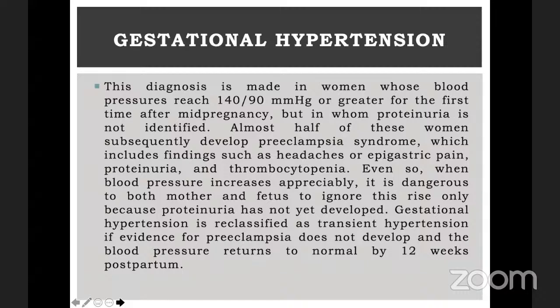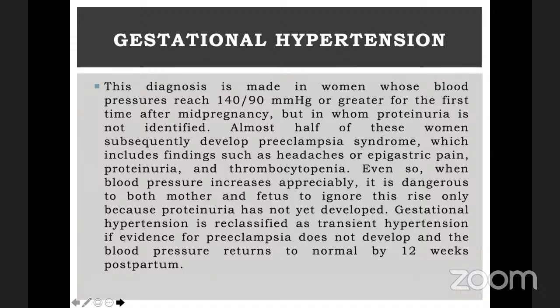So first is gestational hypertension. This diagnosis is made in women whose blood pressures reach 140 over 90 mmHg or greater for the first time after mid-pregnancy, but in whom proteinuria is not identified. Almost half of these women subsequently develop preeclampsia syndrome, which includes findings such as headaches or epigastric pain, proteinuria, and thrombocytopenia.